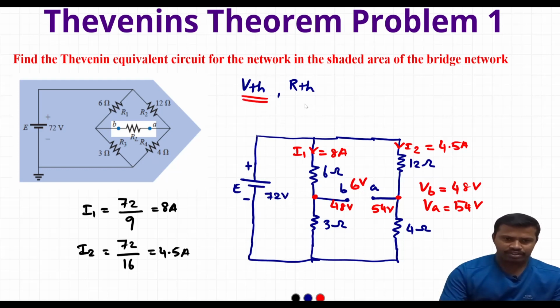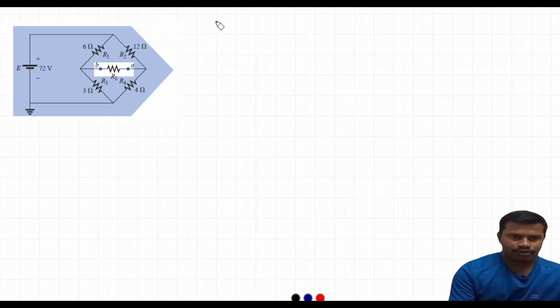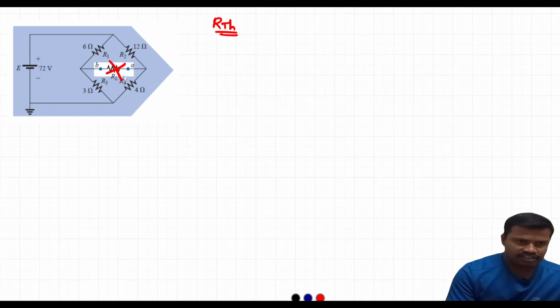Now we need to find the value of RTH. For this, we had removed the RL resistor initially. Now we need to turn off the independent sources.